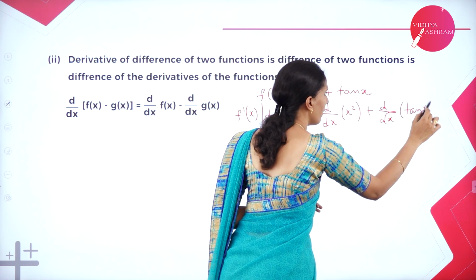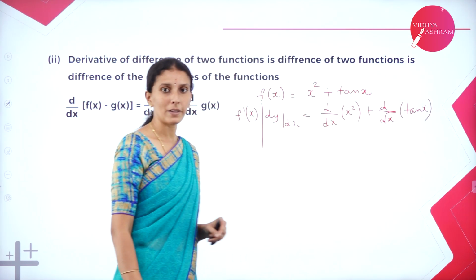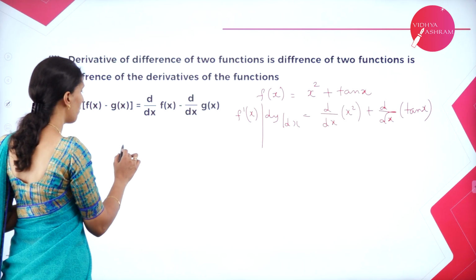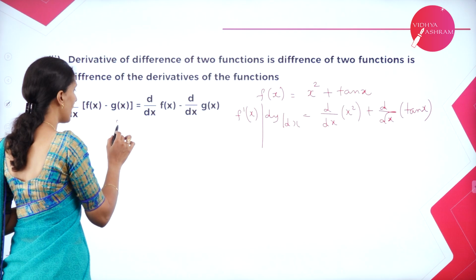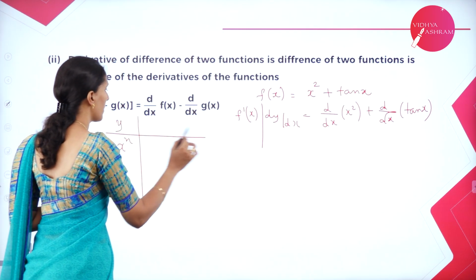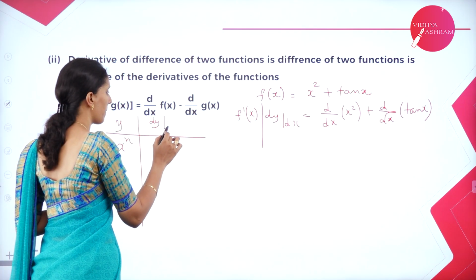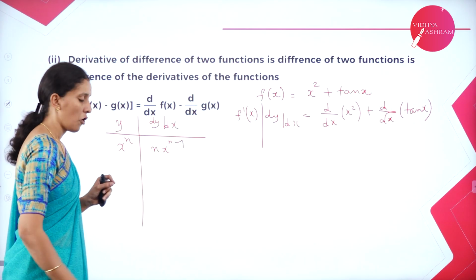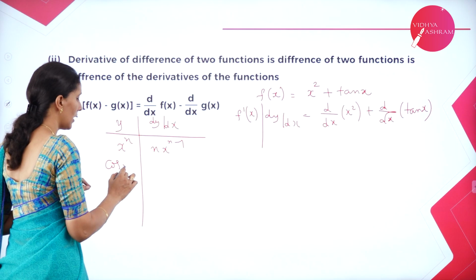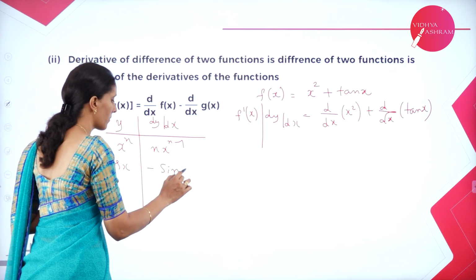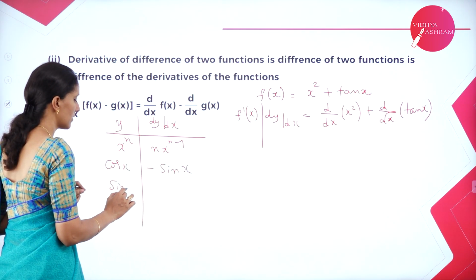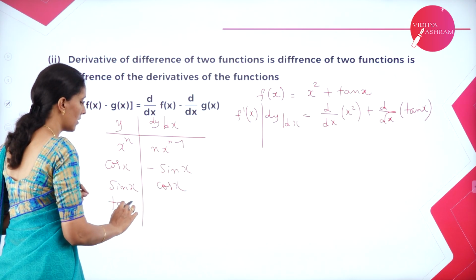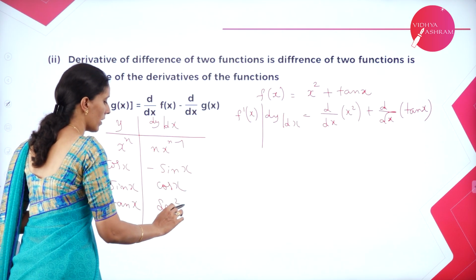That is, we are differentiating the function with respect to x. What is the general form for x power n? If y is equal to x power n, then dy by dx is n into x to the power n minus 1. For cos x, it is minus sin x. For sin x, it is cos x. For tan x, it is secant square x.